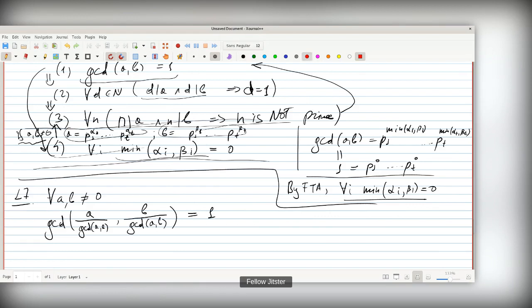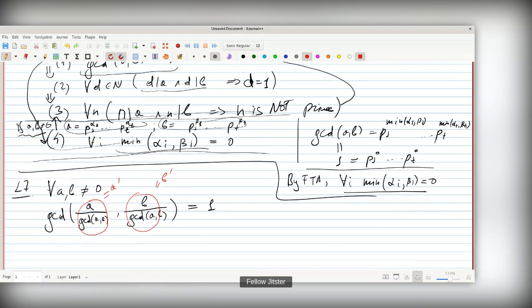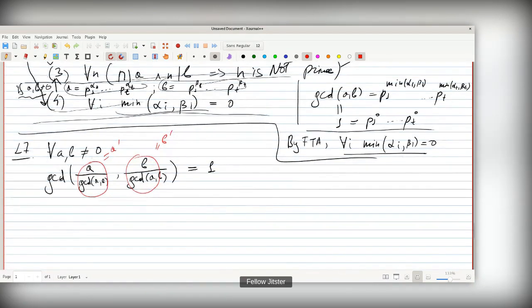So we can divide every two numbers by their greatest common divisor and obtain a pair of coprime numbers. Why is it so? It is quite obvious to obtain.